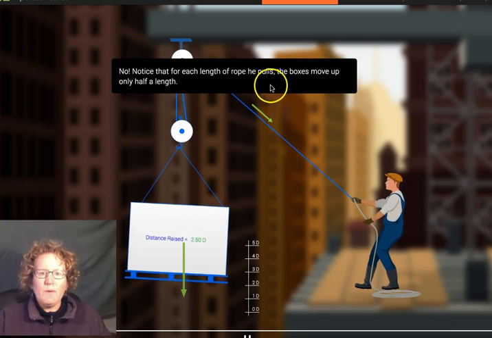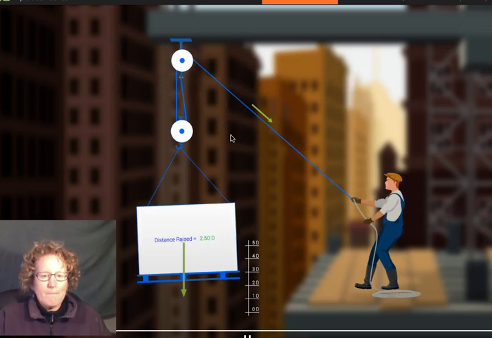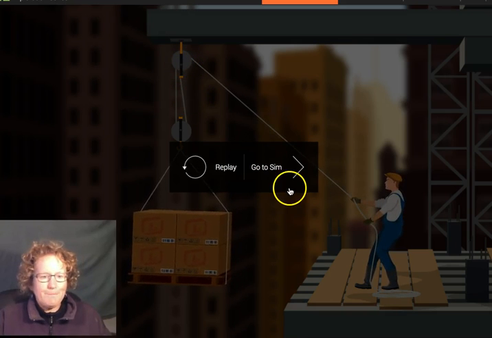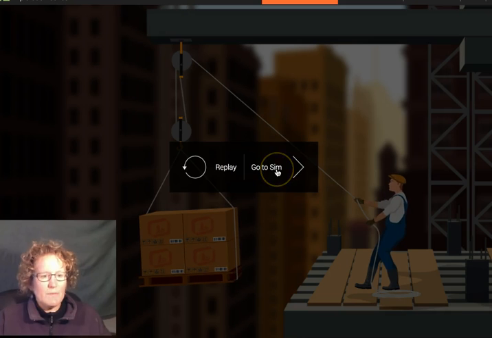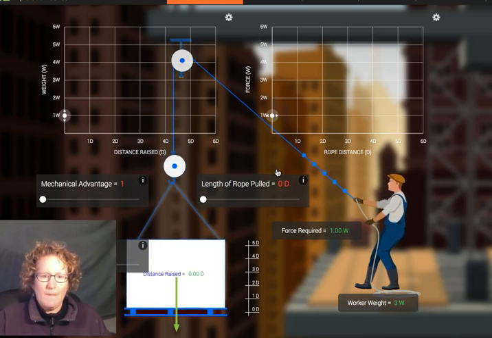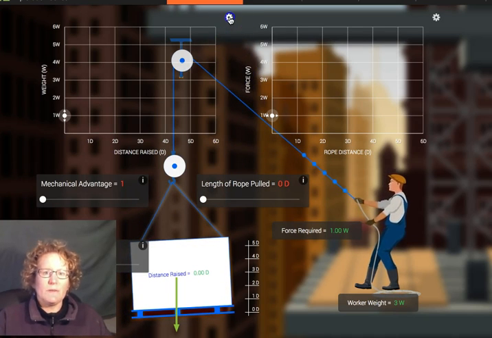Each length of rope he pulls, the boxes move up only half a length, because it's not a direct relationship. It's going around the pulleys. Let's go to the sim and look a little bit more carefully. Let's look at all the information first.